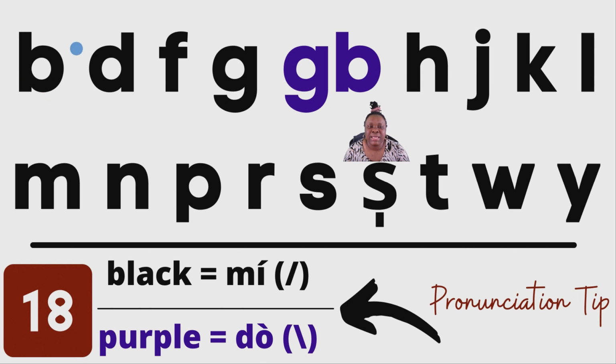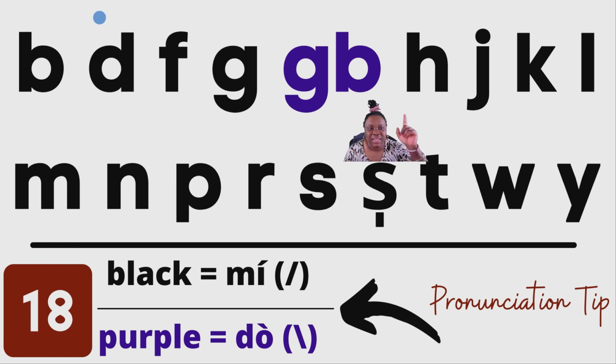See how your tone gets high when you say B, D, Fi, Gi, but here it's different. This one sounds like mi, but this one sounds like do. This is for those who have seen my video on tone marks and understand it.